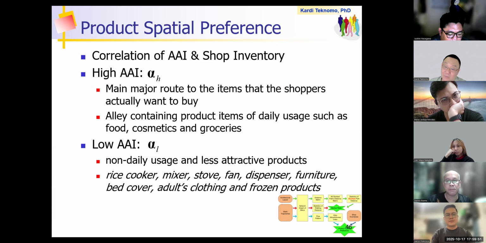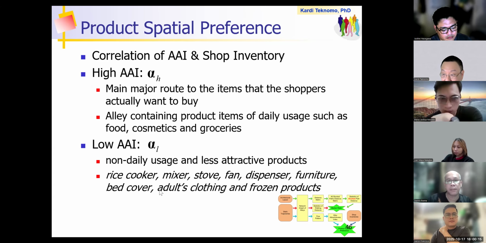So the main major route to the items is what the shoppers actually buy. There is also low area attractiveness index with non-daily usage items, for example rice cooker, mixer, electronic products, clothes, bed cover, and so on.